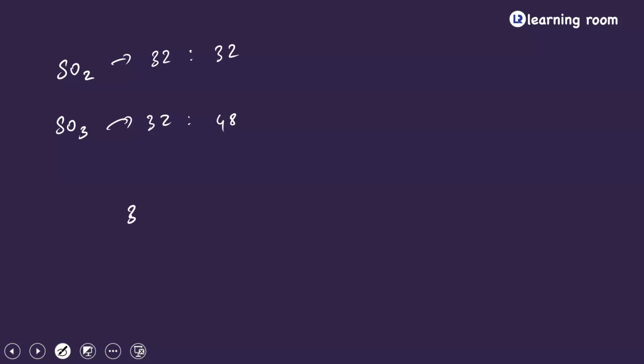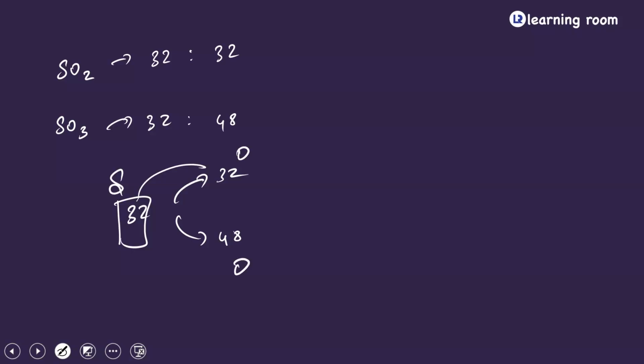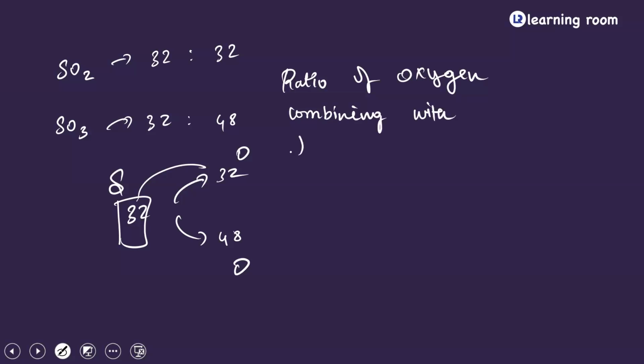So the ratio of oxygen combining with fixed mass of sulfur is 32:48.